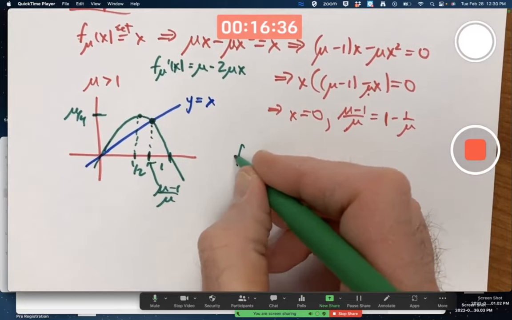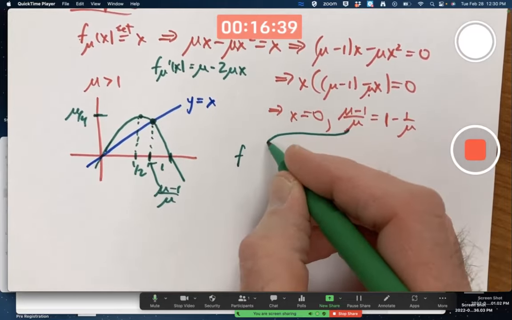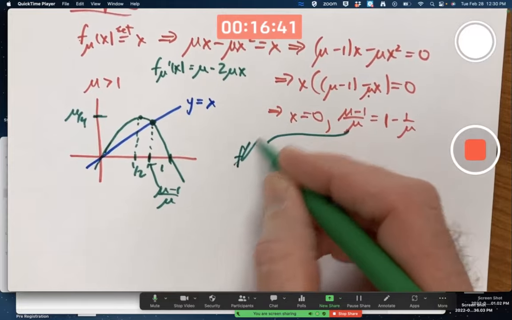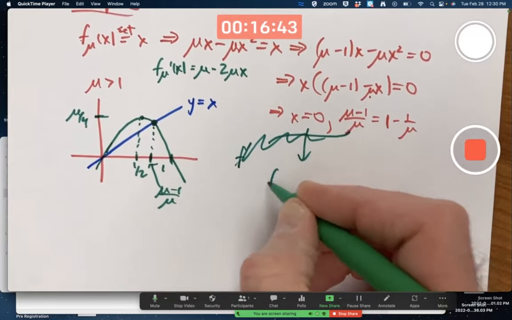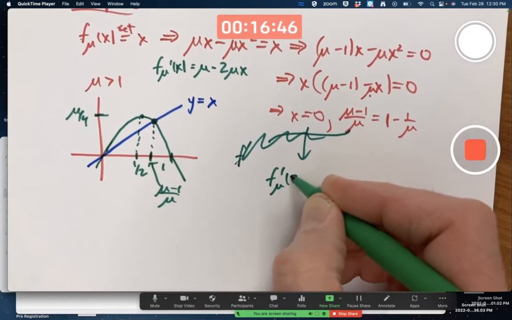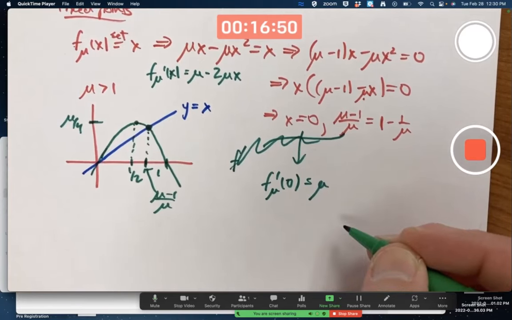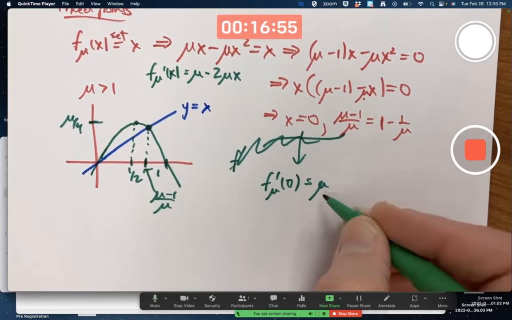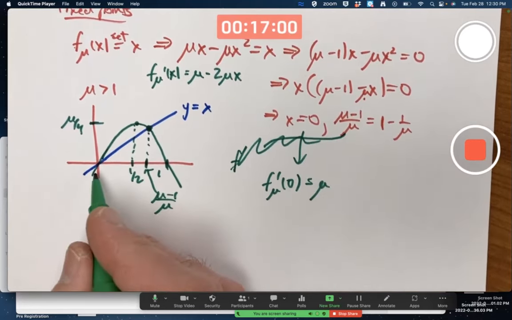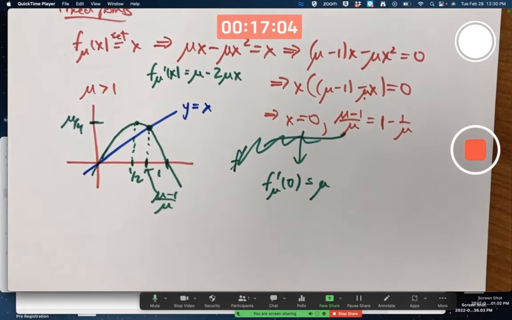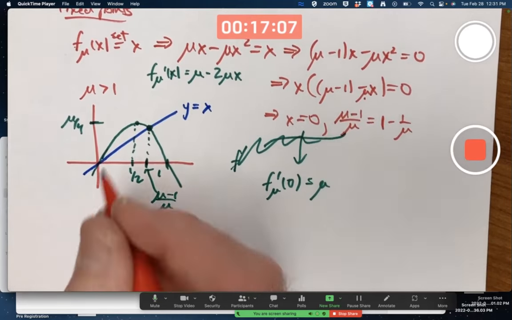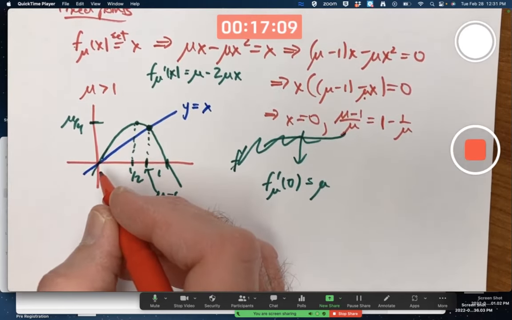If I plug in this fixed point, well, let's plug 0 into the derivative. If you plug 0 into the derivative, you get mu. And when mu is bigger than 1, that's going to be bigger than 1. The fixed point at 0 is repelling, unstable. Which makes sense if you think about starting with a seed near 0 and doing what you're supposed to do with the cobweb diagram.